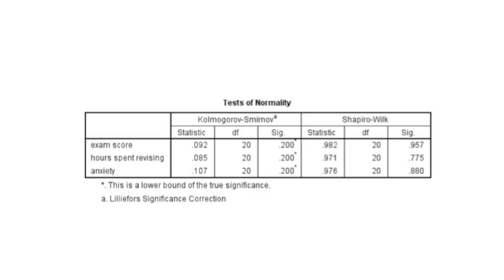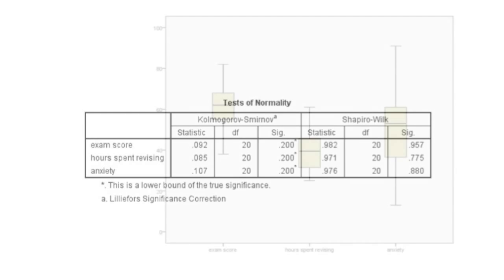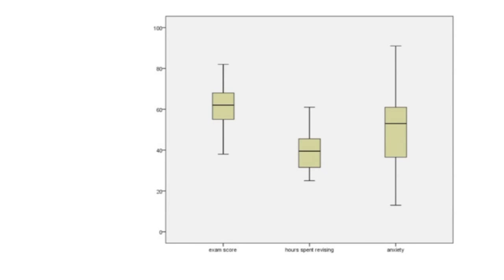Now you can also graphically look at your data using histograms, stem and leaf plots, box plots and so forth. And I provide a description here of the box plot, and the box plot's quite good just to graphically look at your data, see if there's any normality issues, any potential outliers. So if the box plot looks quite symmetric around that median score, then you're probably okay in terms of normality.